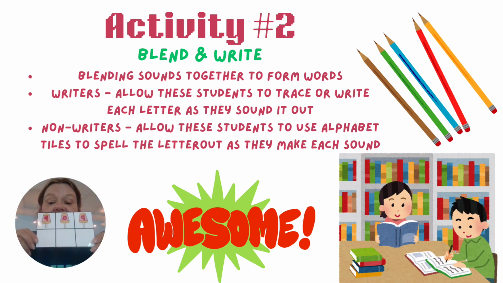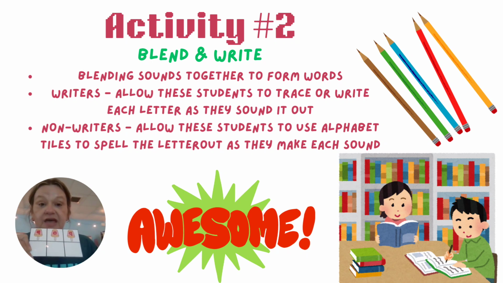All right, so we have this, and we would say, decoding it, we would go over p, ah, pop, to show them each letter sound and then show them how to blend it together. And for the children that are okay to write, you could let them also not trace, but write the letter on the bottom square to match the top and then sound that word out again.